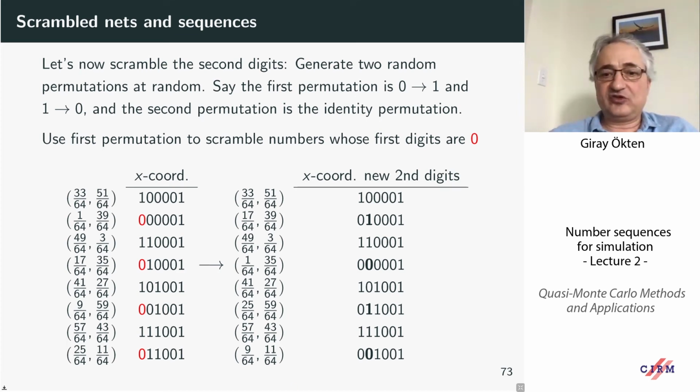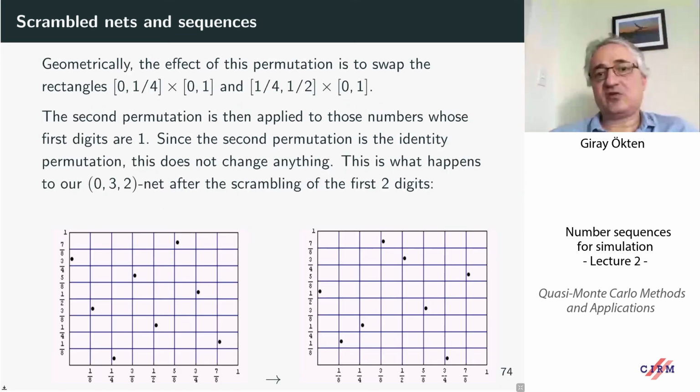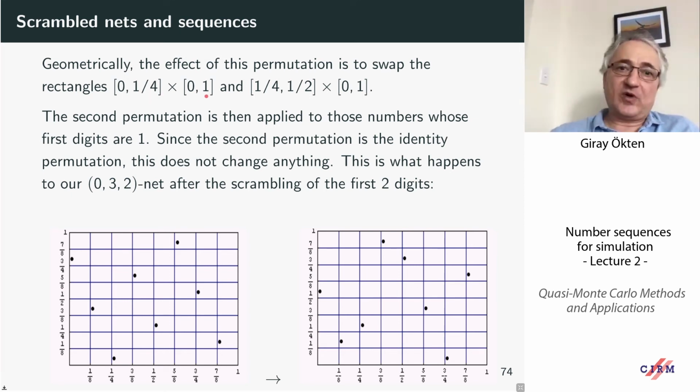on numbers whose first digits are 1. Well, before we talk about that one, geometrically, the effect of this permutation is to swap the rectangles 0 to 1/4 and 1/4 to 1/2 along the y-axis.